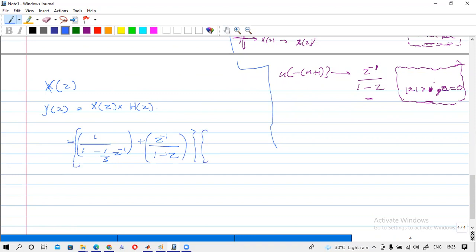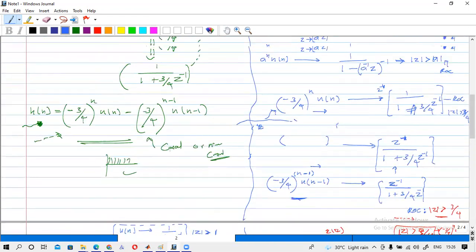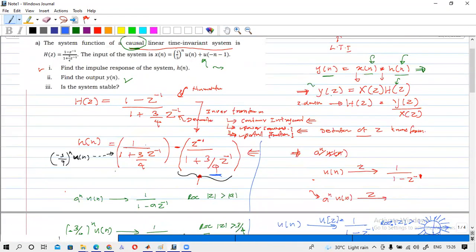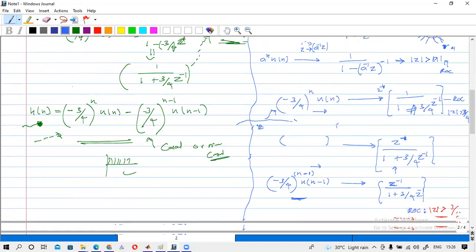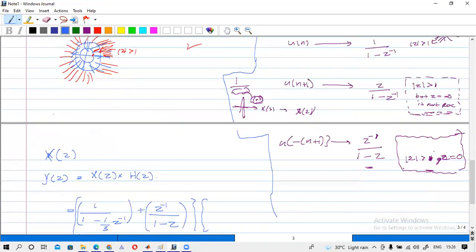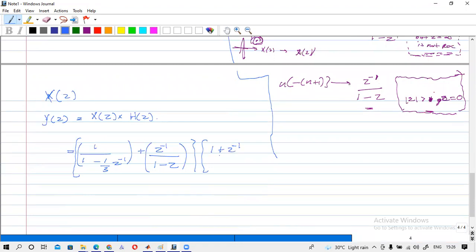You can get the common denominator and simplify this more, but I'm not going to do so. So my H(z) will be 1/((1 + 3/4 z^-1)(1 - z^-1)).